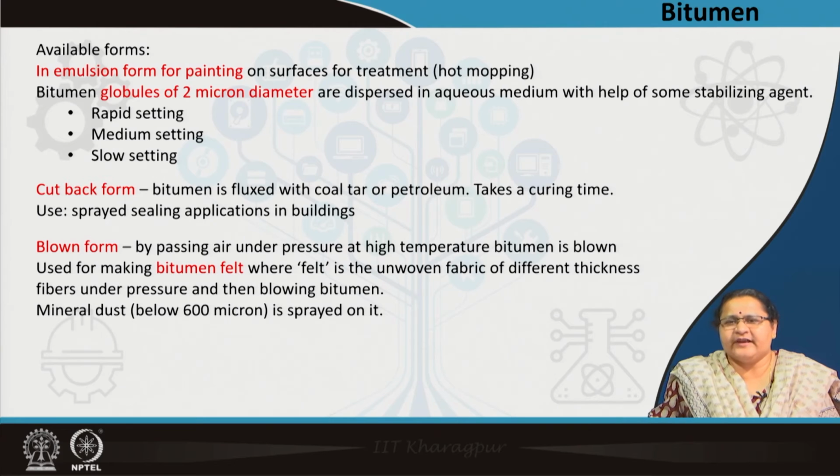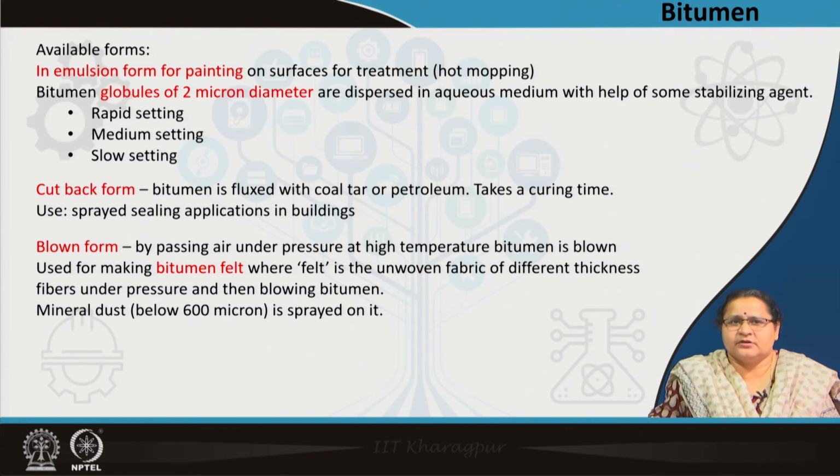So, these tar felts, the bitumen felts which we see, are actually blown form of bitumen. It is not pure bitumen, it has woven fabric, unwoven fabric inside it, which is called felt, and hence it is called bituminous felt.